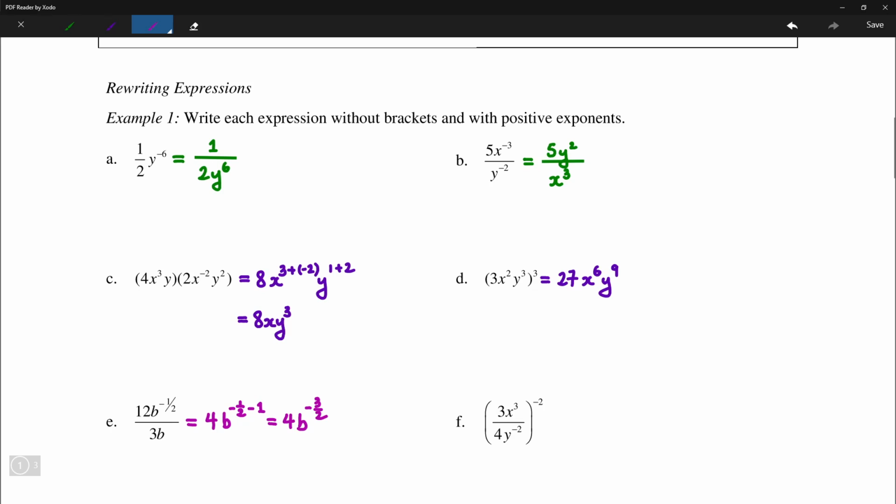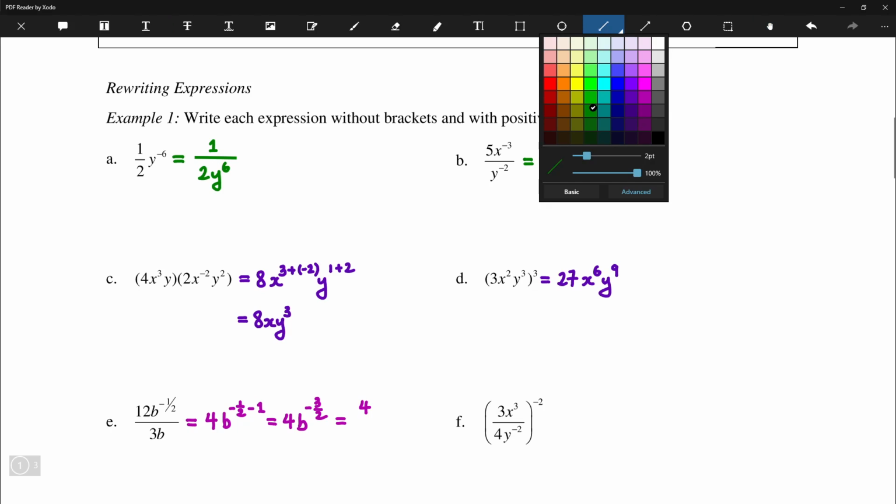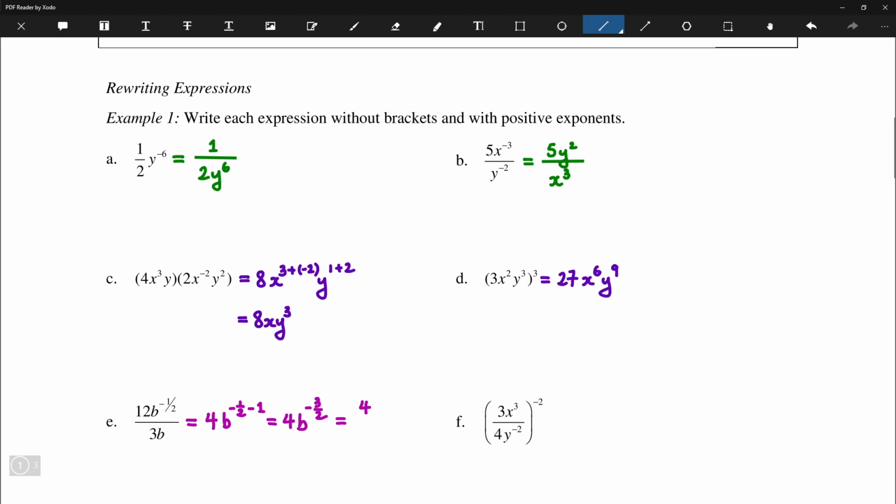So the negative exponent means that we can take the reciprocal, place it into the denominator of our expression here, and then the 3 over 2 power means that we have the square root of b cubed in the denominator. So like so.